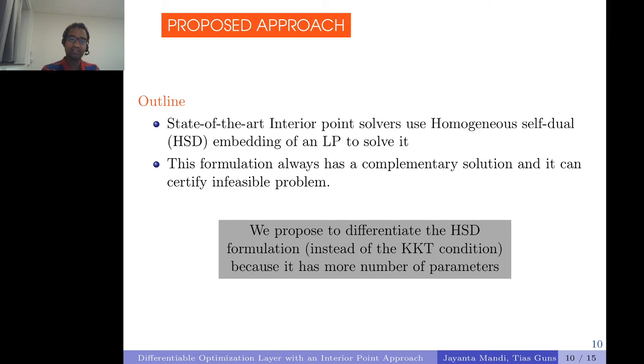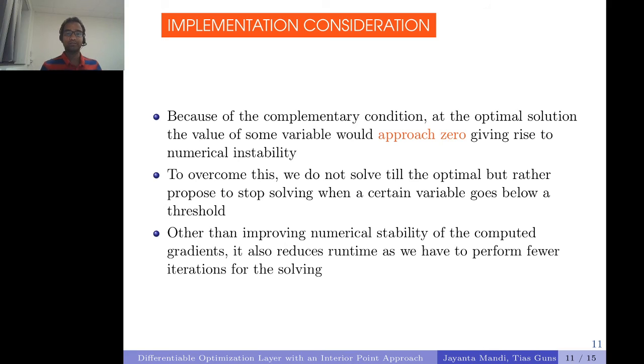So in a sense, this homogeneous self-dual embedding has more parameters, and it contains rich information about the optimal point and the solution process. So this motivates us to differentiate the homogeneous self-dual embedding.